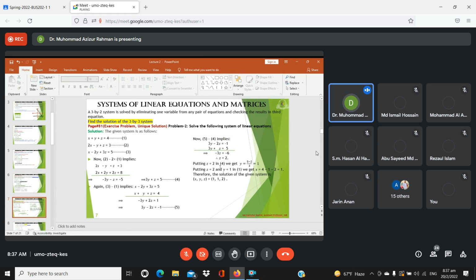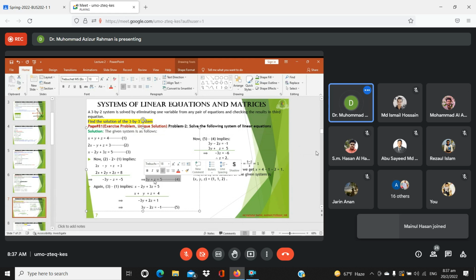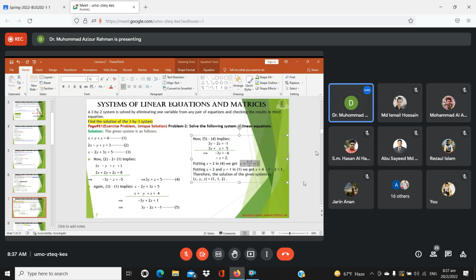Now if we put the value of z in any equation, maybe equation 4, what will be the value of y? If z equals 2, then y equals 1.